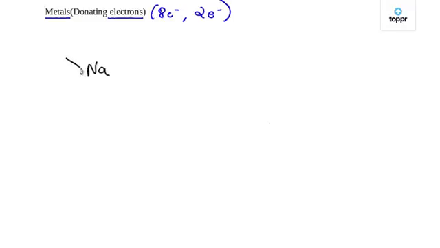Now sodium initially is made up of atoms, and the atoms of sodium have 11 electrons and 11 protons in them. Now sodium, to be stable, will donate electron, and it donates 1 electron to be stable. Now what do you think sodium will be left with?